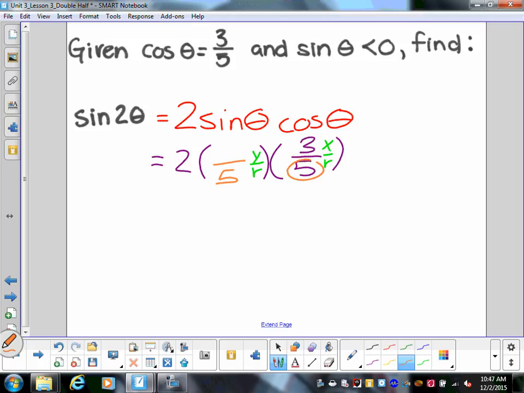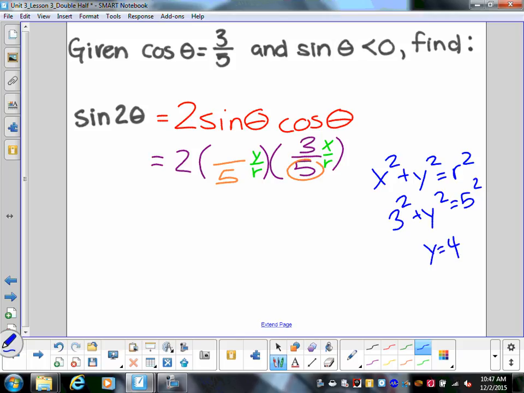And so we find y by using the Pythagorean theorem. And eventually you'll get that y is 4.